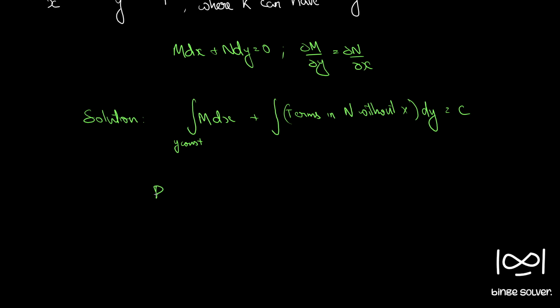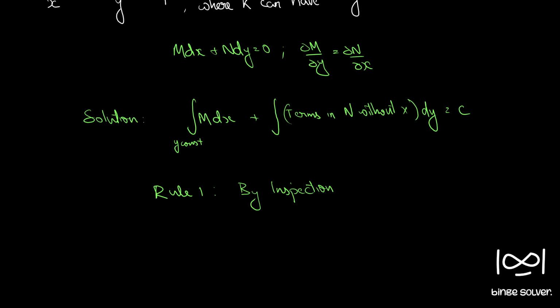The first rule was by inspection. So here we just rearrange the differential equation or multiply or divide the differential equation with something. By inspection, we find the function that needs to be multiplied or divided, so that we can integrate the differential equation separately and find the solution.